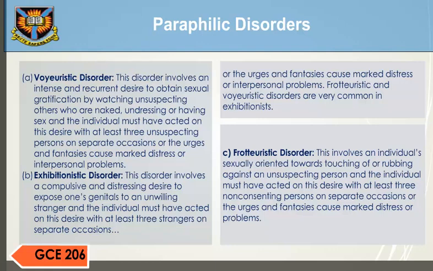C. Frotteuristic disorder. This involves an individual sexually oriented towards touching or rubbing against an unsuspecting person, and the individual must have acted on this desire with at least 3 non-consenting persons on separate occasions, or the urges and fantasies cause marked distress or problems.